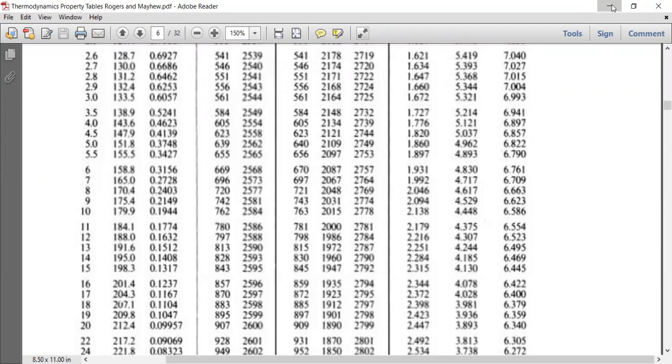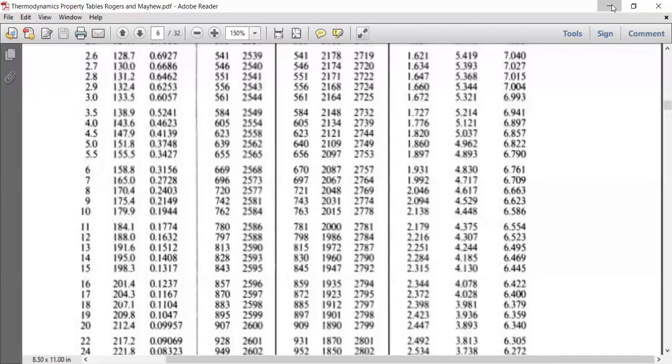Yes, this is the value. 292.9, maybe 9 degrees. Right. So not 292, this is 92. See? Yes, good, 92. This is what we call the degree of superheat.